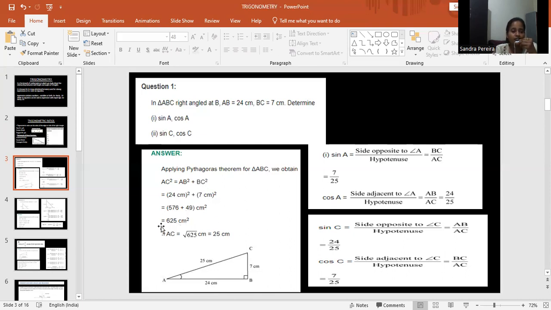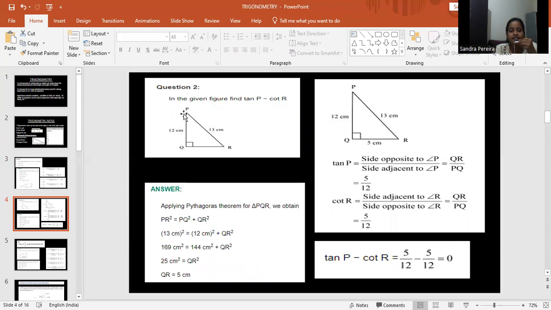One more question I will discuss here. You can see this is the given triangle, right angle triangle at Q, and this perpendicular distance is 12 centimeter. This is hypotenuse, 13 centimeter. By looking at this figure, you can find the other side because this is a right angle triangle, and you know that in a right angle triangle we can apply Pythagoras theorem.